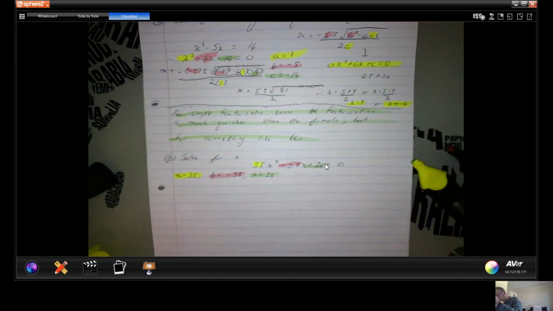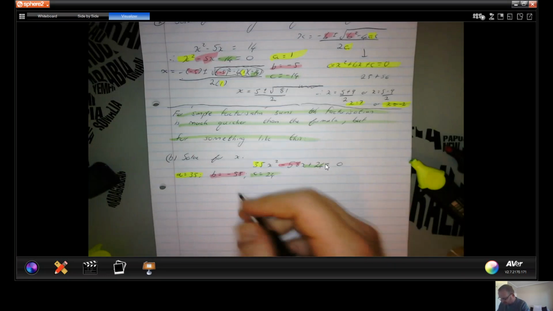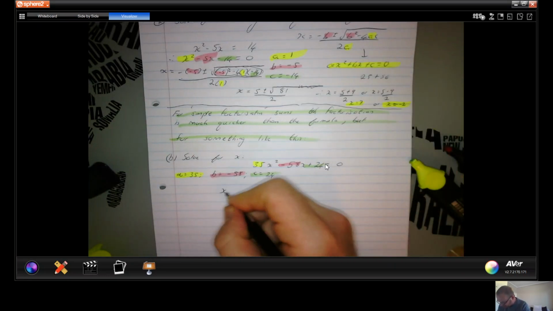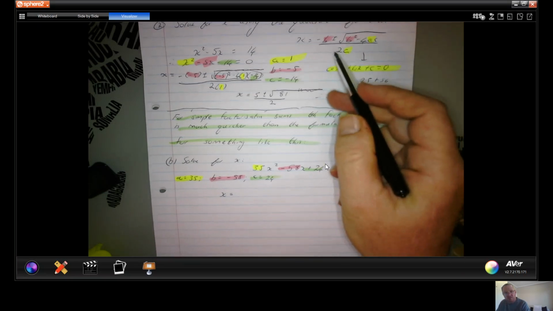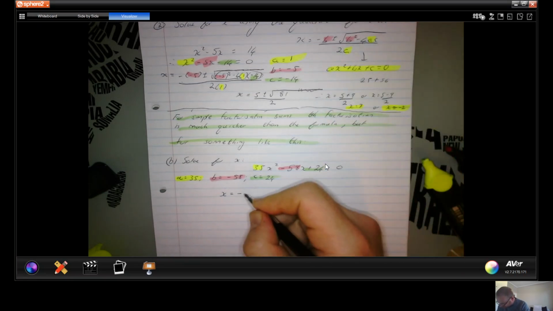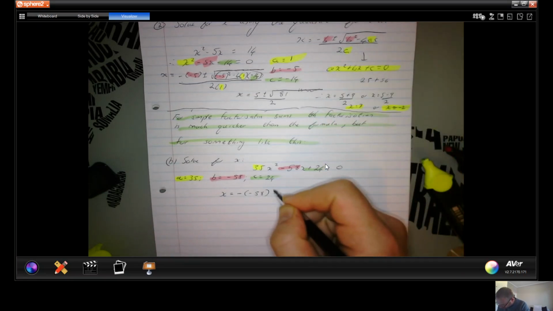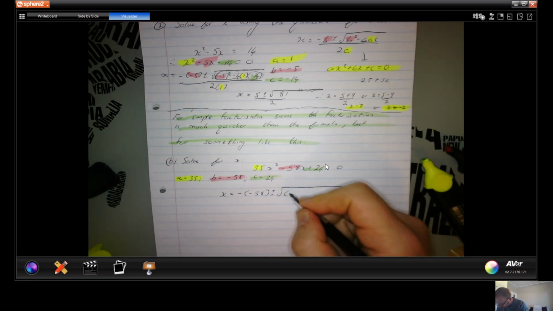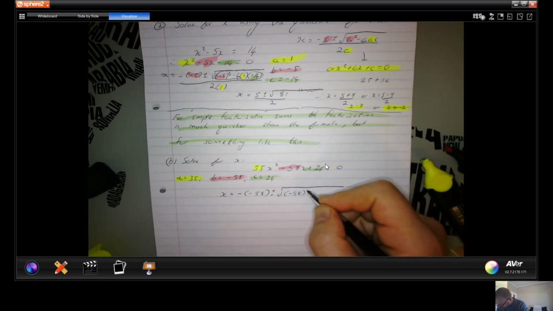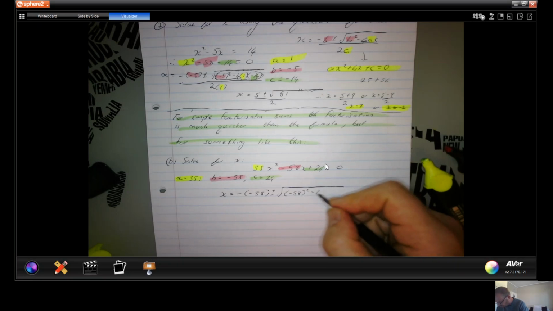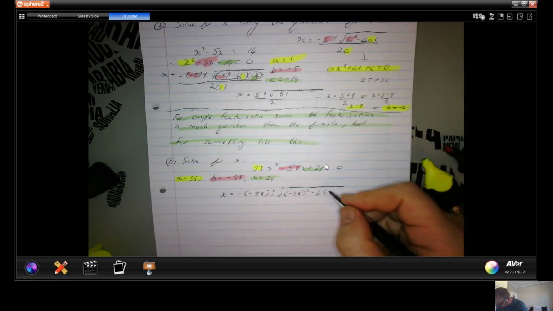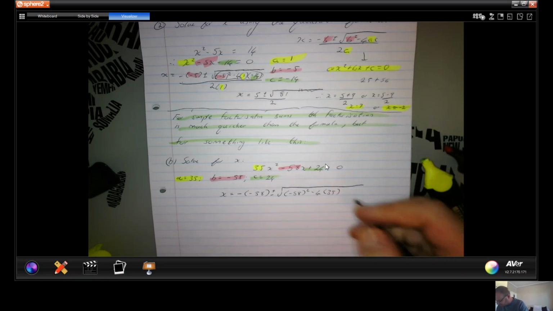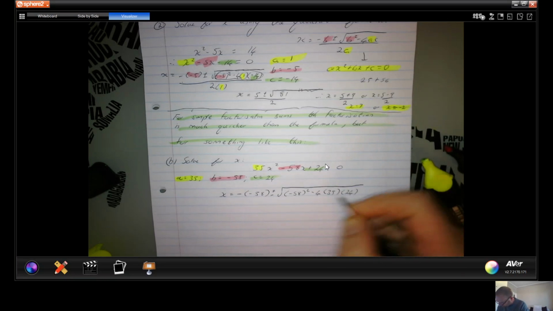Right. So now you're going to need a calculator over here. You're going to put it into the formula and you're going to say, right, I know that x is equal to negative b, so it's going to be negative 58, plus minus the square root of b squared, which is negative 58 squared, minus 4 times a, which is 35, times c, which is 24.